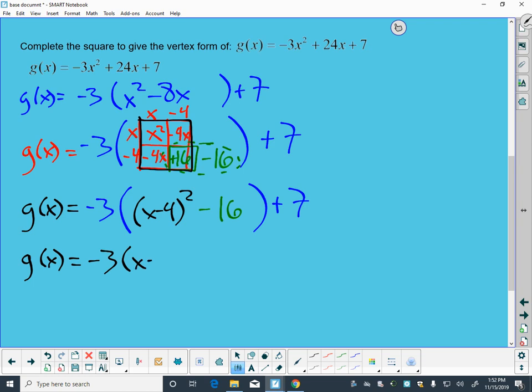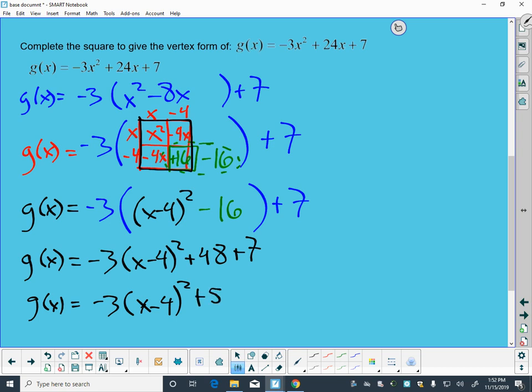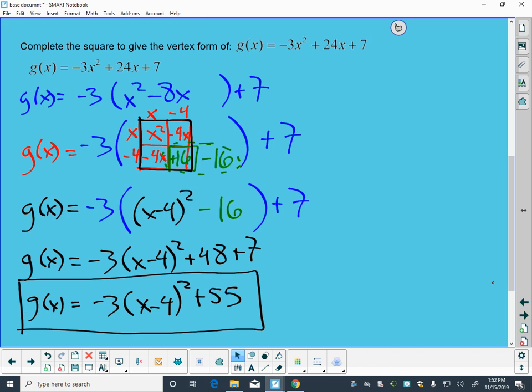So -3 times x minus 4 squared plus 48 plus another 7. And so this is going to be g of x equals -3 times x minus 4 squared plus 55. And that now is the vertex form of -3x squared plus 24x plus 7.